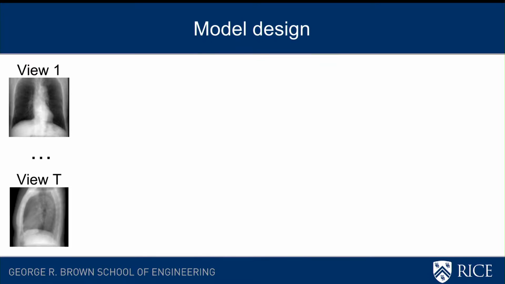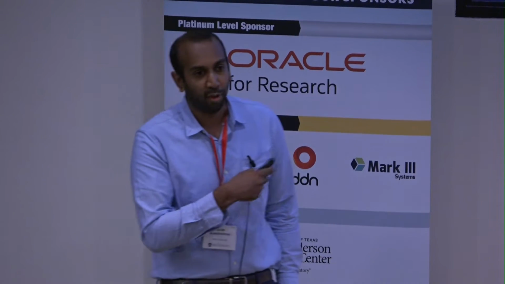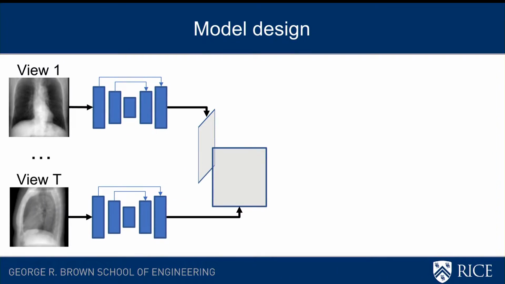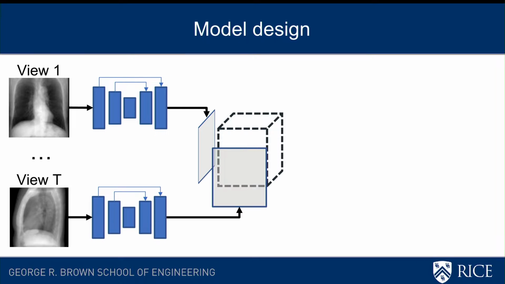So our inputs, again, are T X-ray views. We pass them through some network. For those who know, this is a UNet architecture. And the basic idea is this UNet outputs some 2D features for each. Now let's think about this 3D space that we're trying to infer, which is the CT volume.